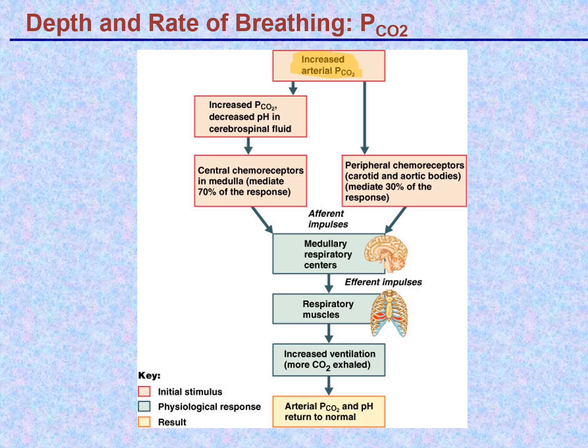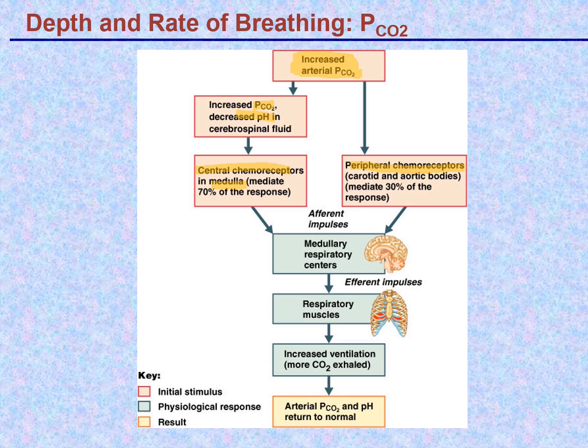This is the variable that changes, PCO2, and the effects it triggers, both in terms of central chemoreceptors and peripheral chemoreceptors. Remember, an increased arterial CO2 will cause an increase in the cerebrospinal fluid PCO2 and therefore a decrease in pH, and that will be detected by those central chemoreceptors in the medulla.